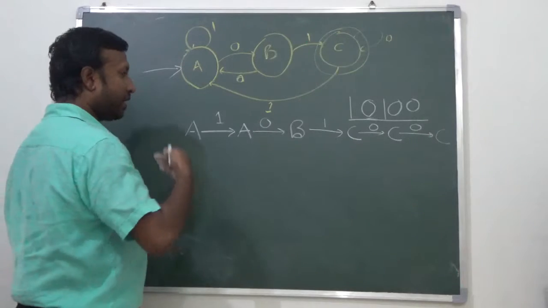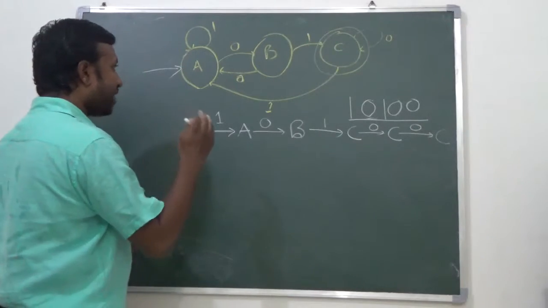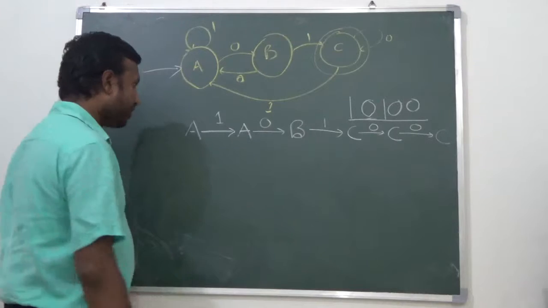If it is following a line, then it is kind of a deterministic machine, right?